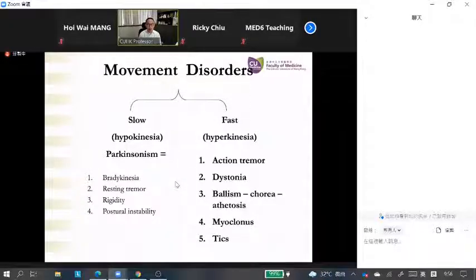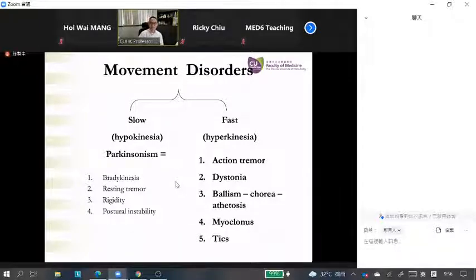As the name movement disorders implies, movement disorders describe disorders characterized by abnormal movements of your body, your limbs, and very easily, we can classify them into either fast or slow.